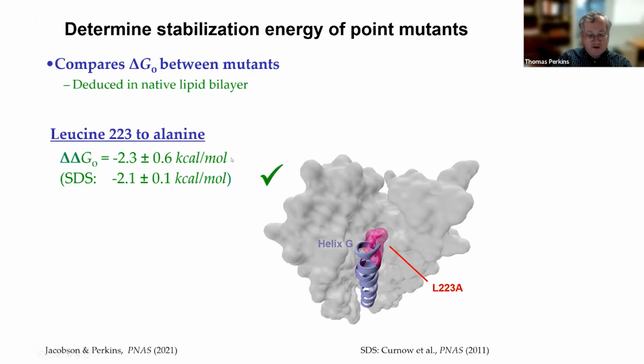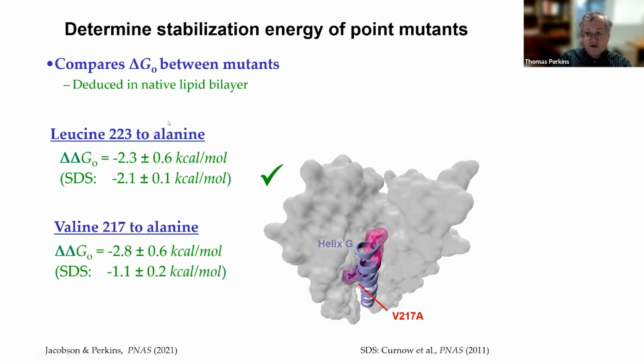That's very good, but when we do a different point mutation that faces outward, we see that the delta G determined by our assay is very different from the canonical SDS assay. And this is important because there have been a lot of concerns with SDS assays because they're not generally done in lipid bilayers. There are questions about extrapolating SDS to 0 concentration, as well as lacking native protein interactions.